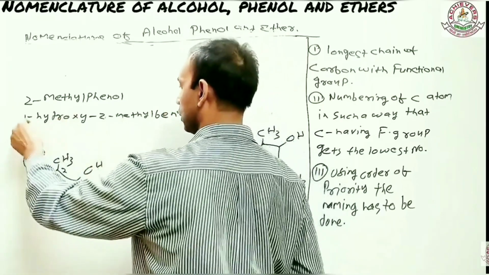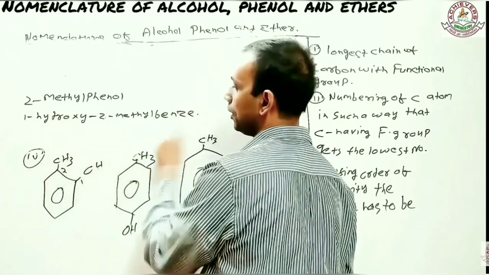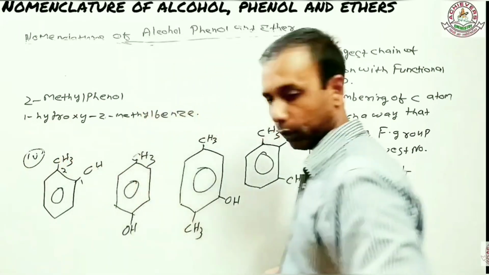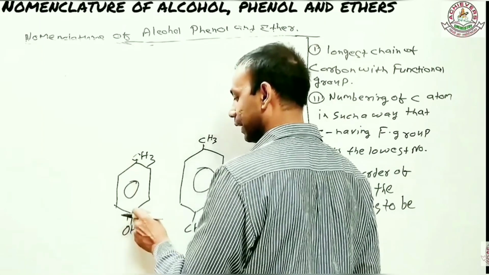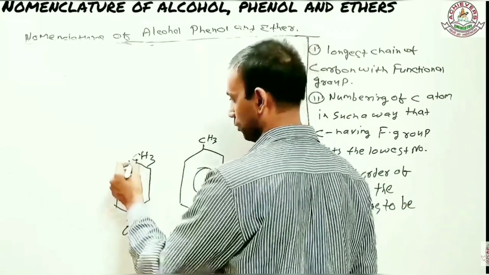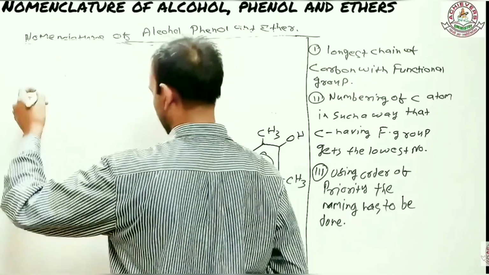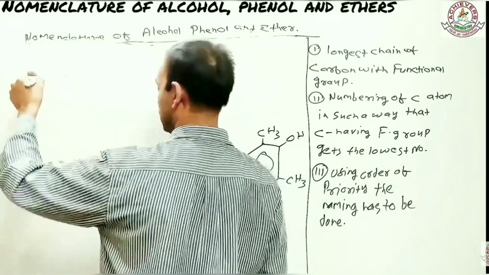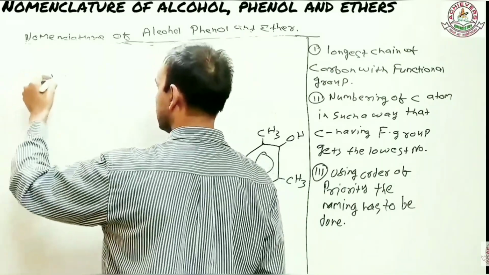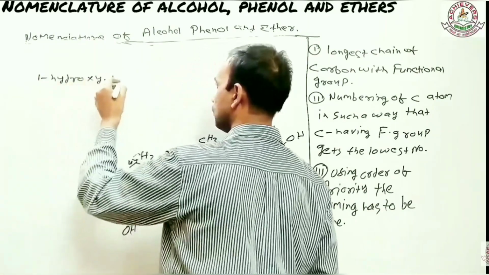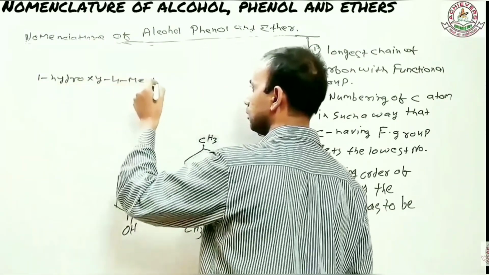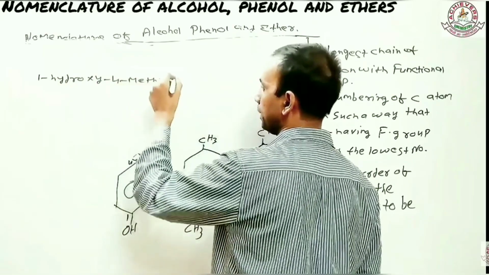So this is also the name, 1-hydroxy 2-methyl benzene. This is for the first one. We have the first one here because it has more priority. So 1 and 4. So what I can do, I can write 1-hydroxy 4-methyl benzene.